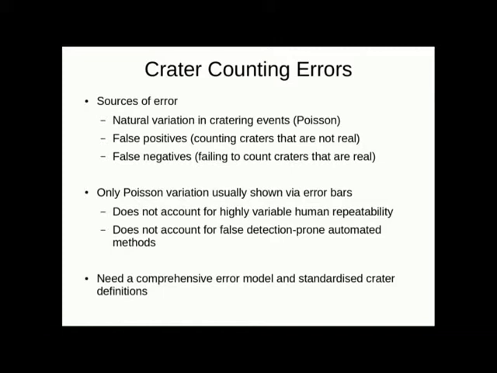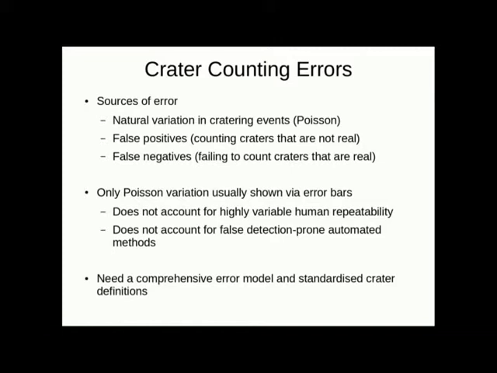There are false positives. People and machines count craters that are not really there, ambiguous features. There are also false negatives, where people or machines fail to spot a real crater, therefore it becomes a missing crater in the data sets. Now, only Poisson variation is usually shown in error bars on size frequency distributions.